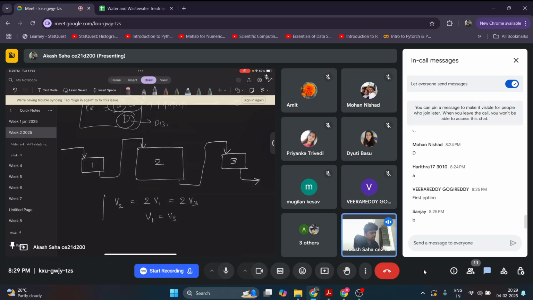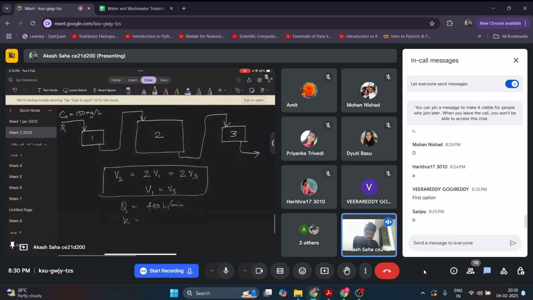So volume information is given, right? C naught, which is entering, is 150 milligram per liter, so C naught is also given. Q that is entering is 400 liter per minute. The K value throughout the system is 0.007 per hour. And overall efficiency, eta overall, is 80%.